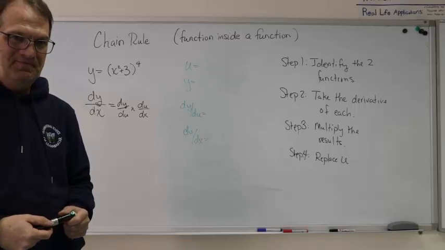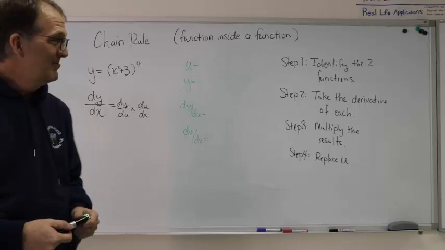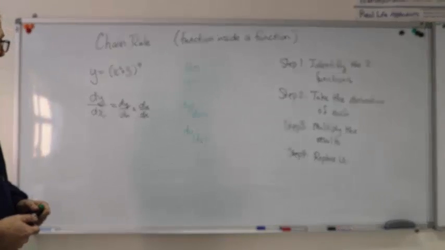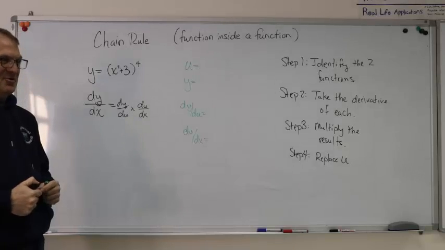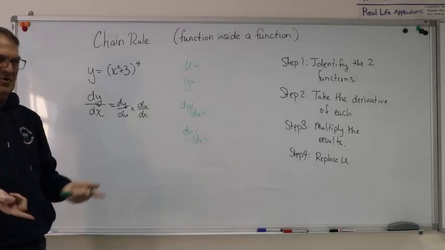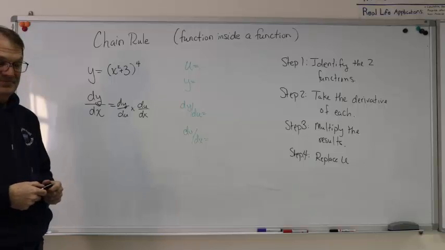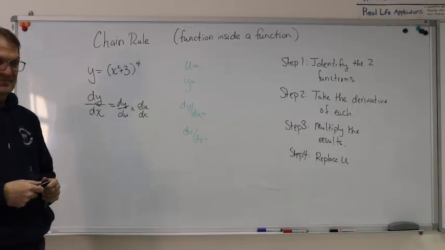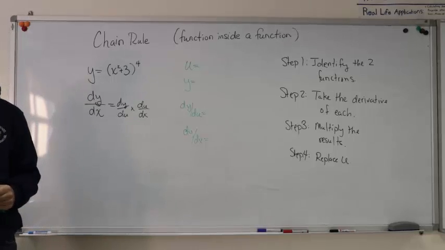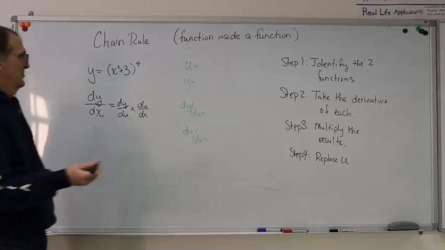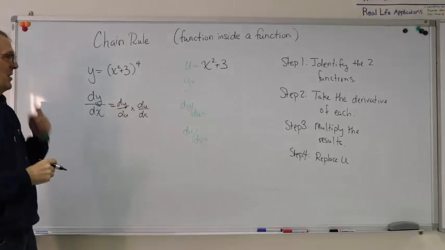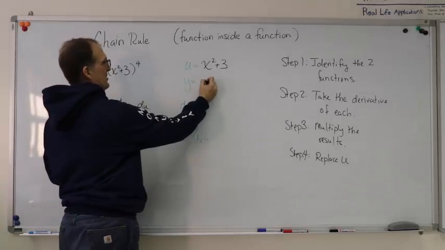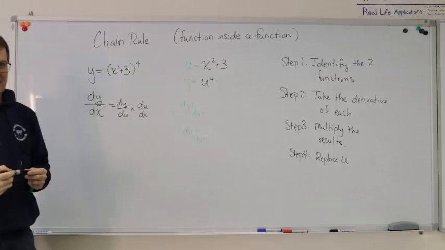Grace, what's u? Yeah. 90% of the time, what's inside the parentheses? x squared plus 3. Yeah. So, x squared plus 3. There's my u, my y, u to the 4th.